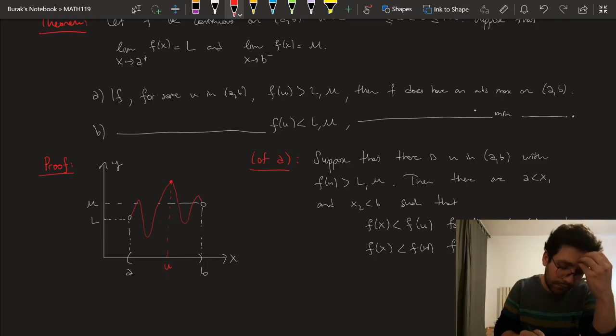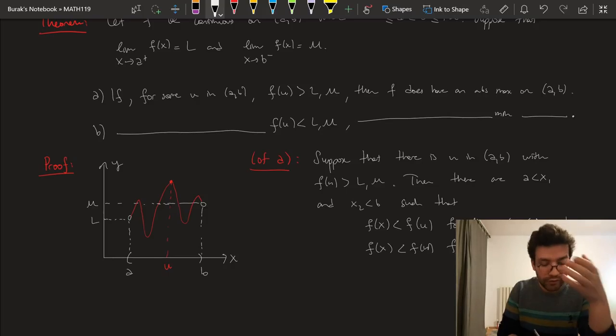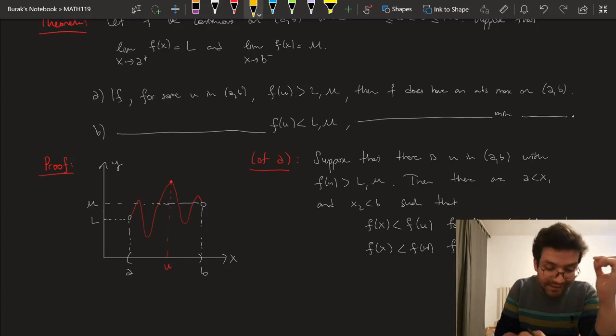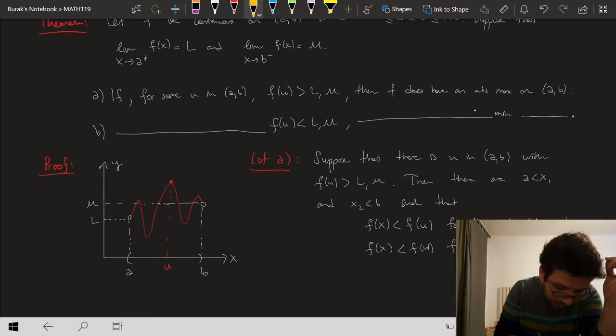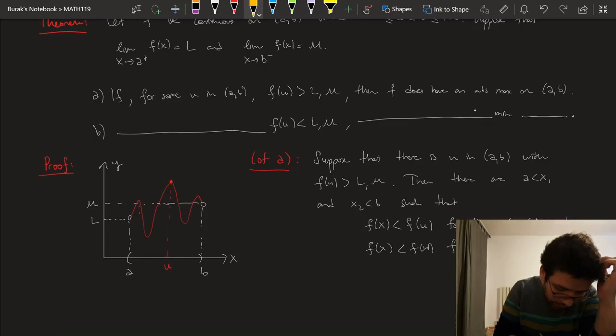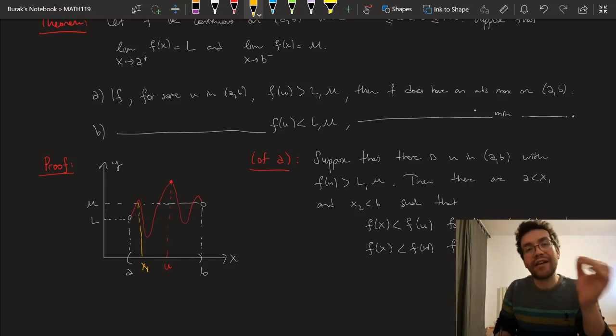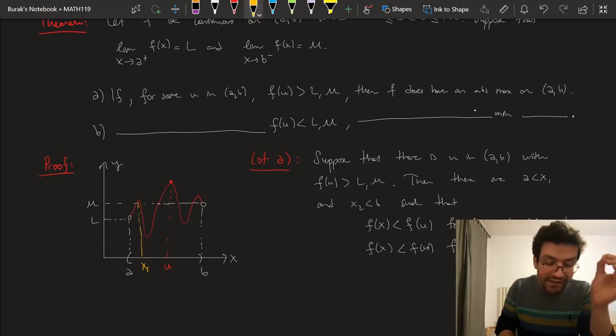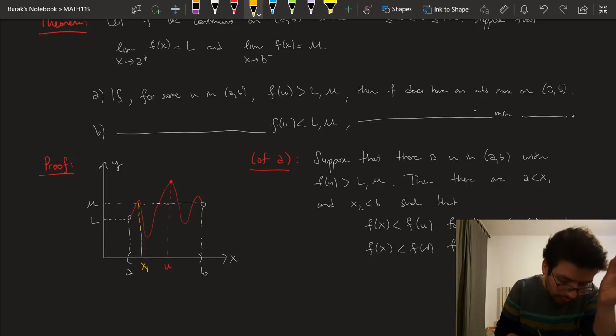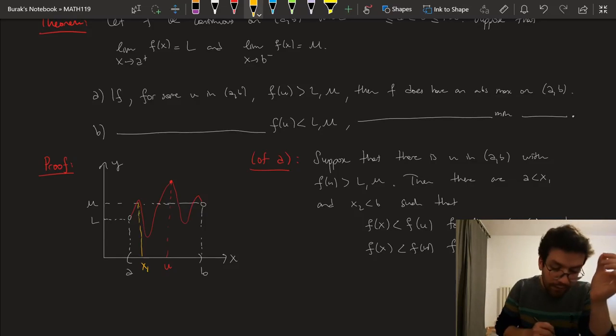Okay, good, this is better. As x approaches a from the right, f(x) approaches L, and L is strictly less than f(u), which means that there is some point, let's choose this x1, such that on the left of x1, f(x) is always less than f(u). So I can take such a point.